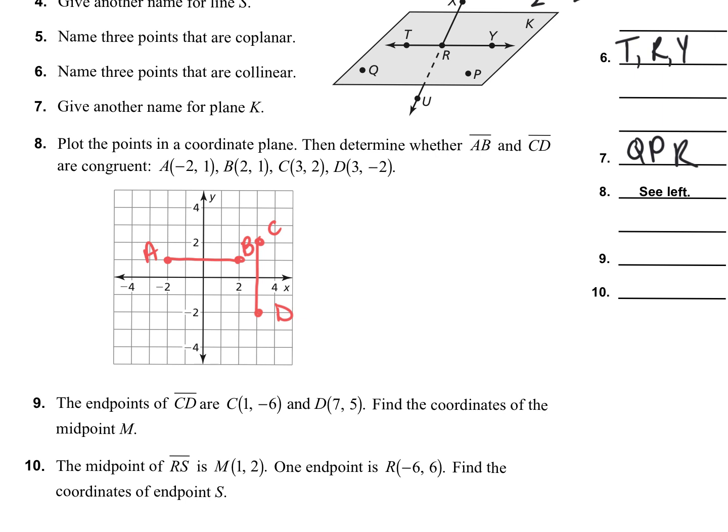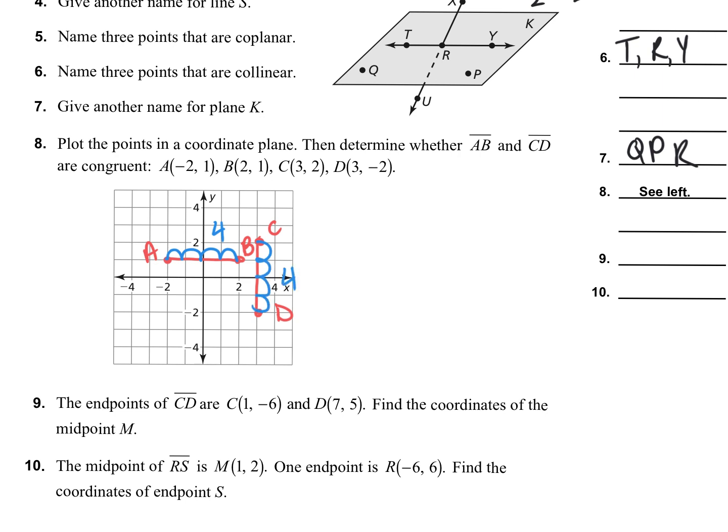And since it's a horizontal and vertical line, I just really need to count the boxes. When am I not allowed to count the boxes? When it's a diagonal line. And what do I have to do in order to find the distance of a diagonal line? Distance formula. For these, I don't. I could just count the boxes. I have 1, 2, 3, 4 for A to B. 1, 2, 3, 4 for C to D. Are they congruent?